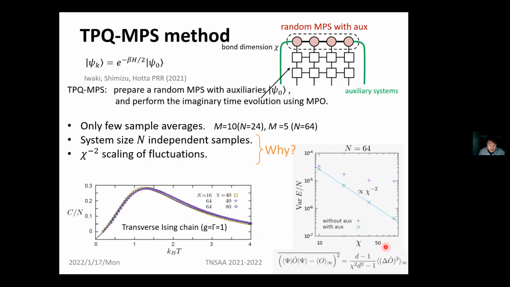Here we find that for the usual MPS without auxiliaries, the variance is large as chi increases. However, if we attach the auxiliaries, the variance scales very well with the inverse square of chi.